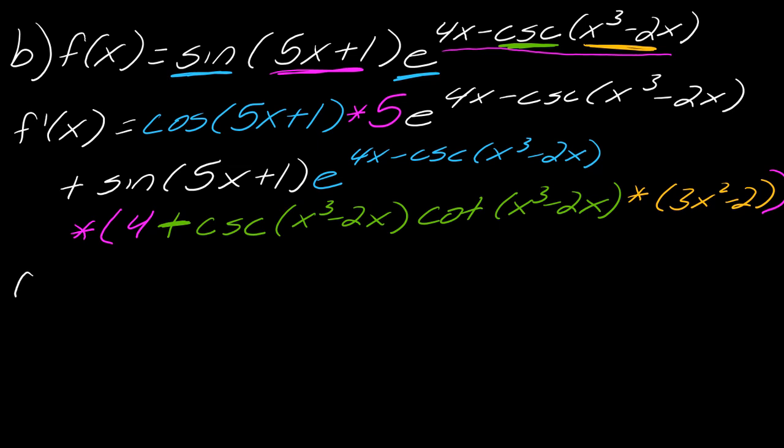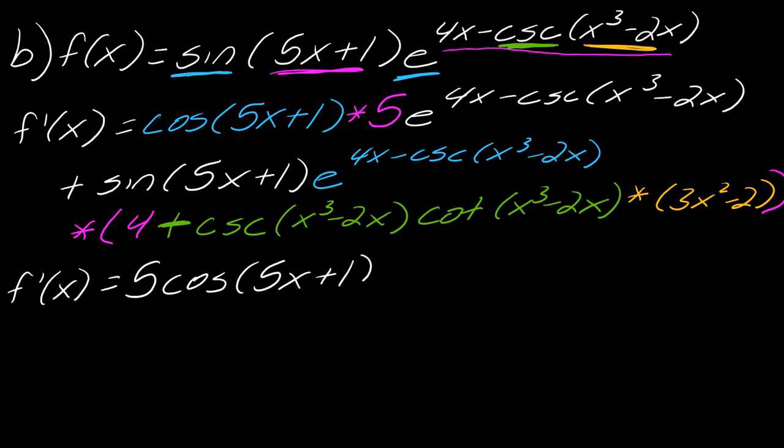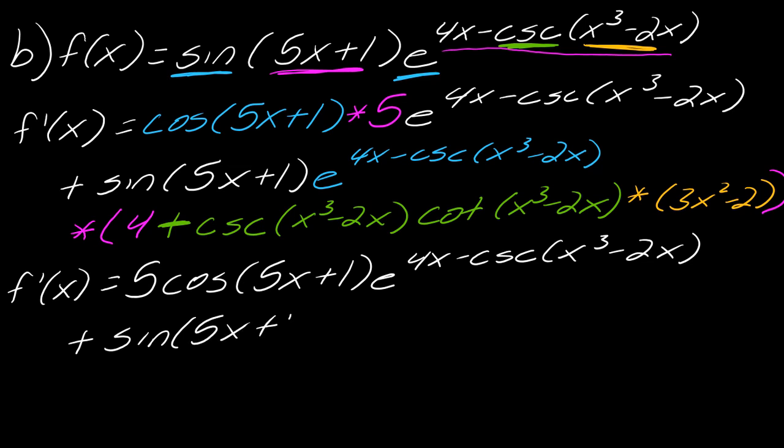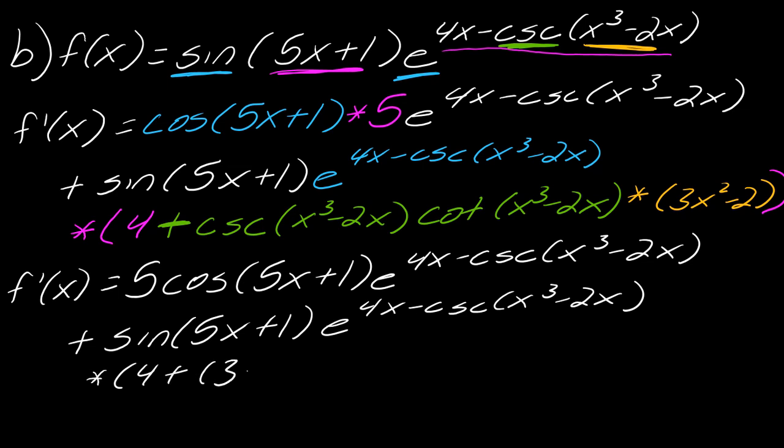So how do we simplify this? There's not a whole lot of simplifying to do here. I would just rewrite this as 5 cosine of 5x plus 1 e to the 4x minus cosecant of x cubed minus 2x plus, there's not a whole lot we can really do to simplify this, so this will just be sine of 5x plus 1 e to the 4x minus cosecant of x cubed minus 2x times 4 plus, let's see, I'll just move this 3x squared minus 2 in front to make it look nicer.